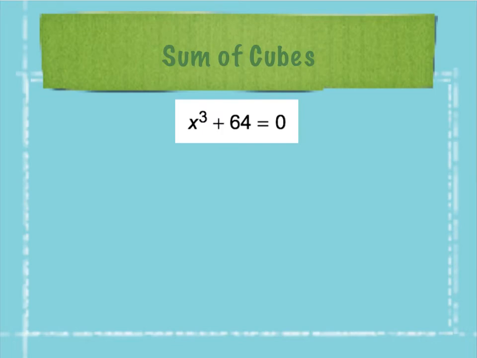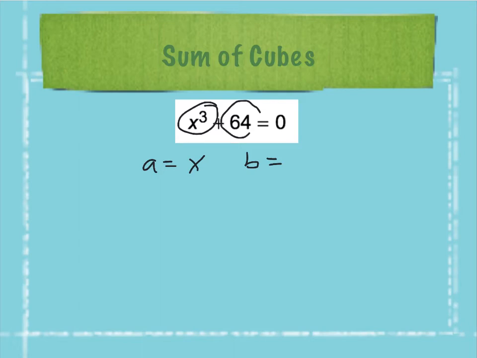First, we have our sum of cubes example. So we have x cubed plus 64 is equal to 0. So step 1 is we need to find our a and we need to find our b. What's our a? So this is our a cubed, but just our a would be x.